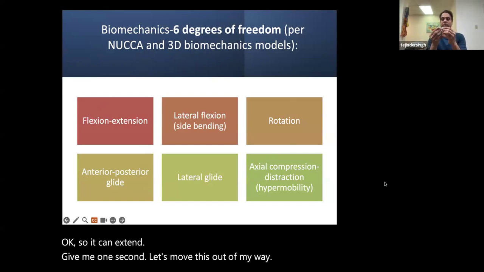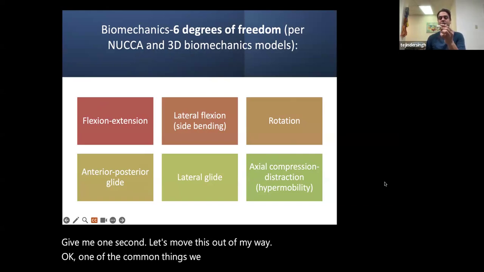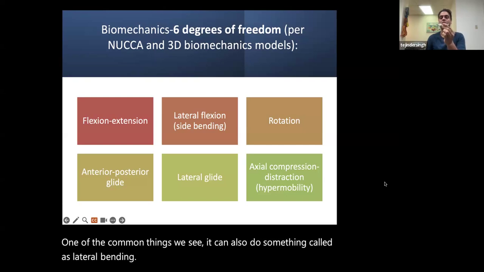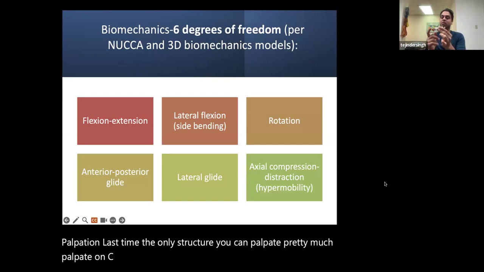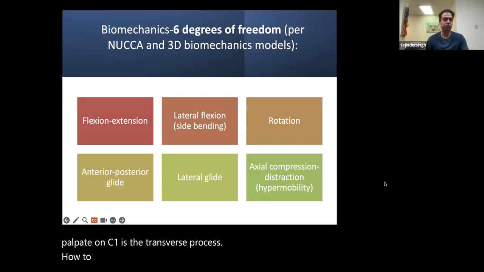One of the common things we see, it can also do something called lateral bending. When we were talking about palpation last time, the only structure you can pretty much palpate on C1 is the transverse process. How to palpate the transverse process of C1?